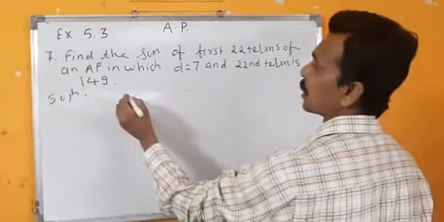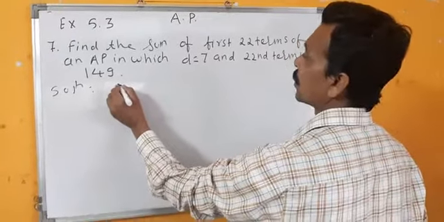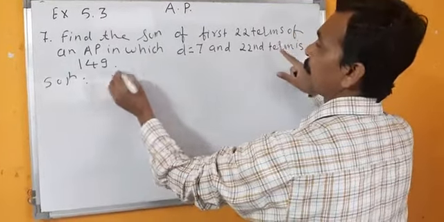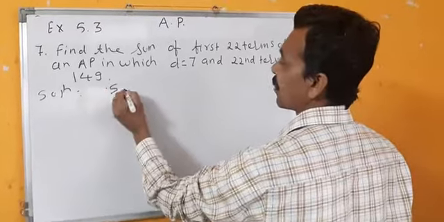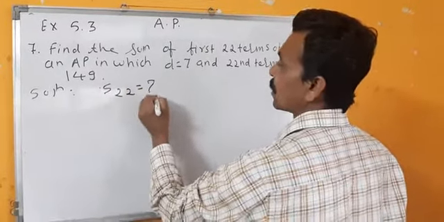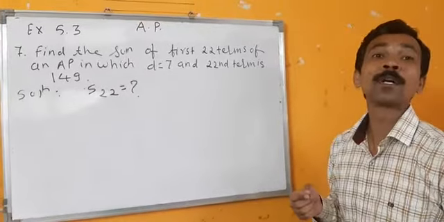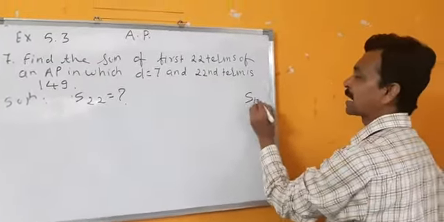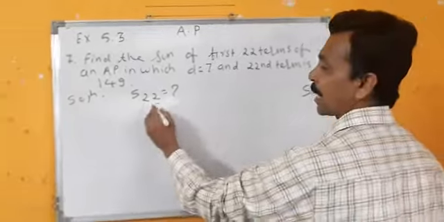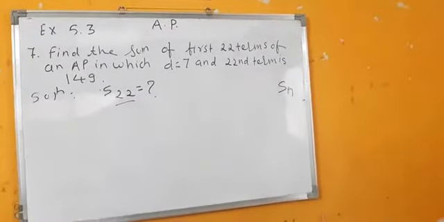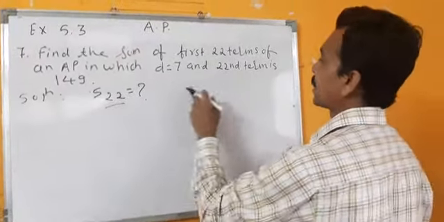First 22 terms, right? So it is given sum of first 22 terms, means we have to find S22, in which n is equal to 22 because we write Sn. So here n is 22. What else is given?